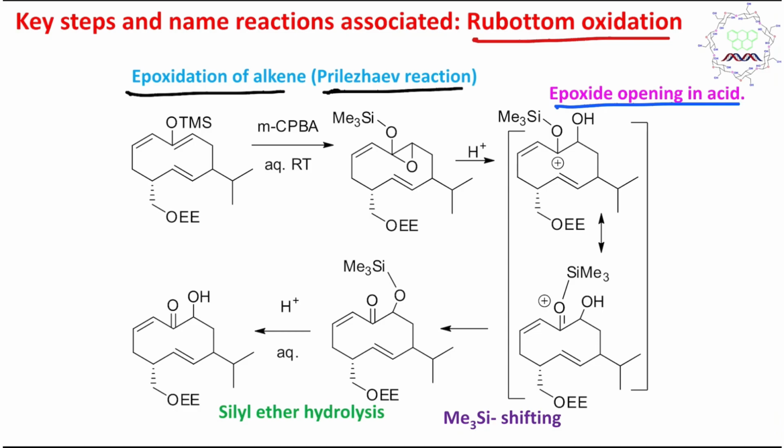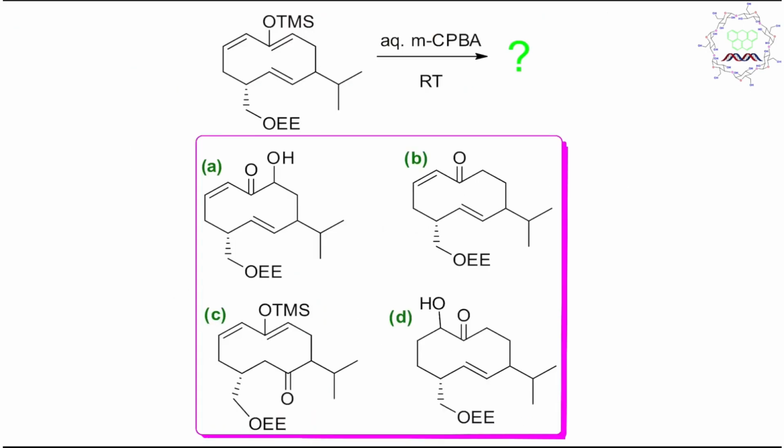And third is the trimethylsilyl shifting from one oxygen to another. And final one, that is the silyl ether hydrolysis in presence of acid. So what is the answer? Answer is option A.